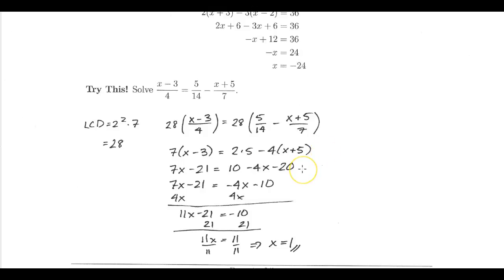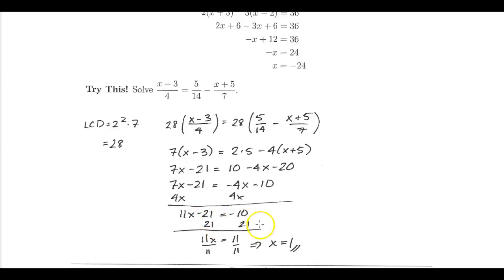We can simplify both sides. So 7x minus 21 equals 10 minus 4x minus 20. And the right-hand side simplifies to negative 4x minus 10. We can add 4x to both sides to get x on one side. So we have 11x minus 21 equals negative 10.